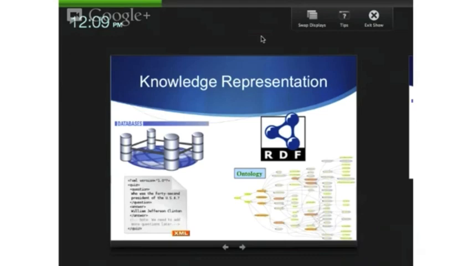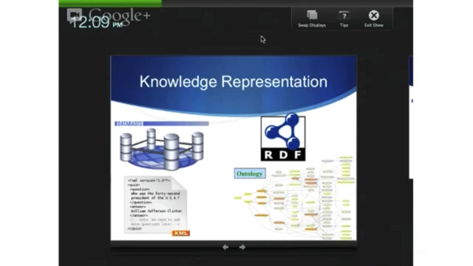Similarly, we use XML and other markup languages to represent our documents, which are more human readable. However, the tags provide some sort of meaning, but they're not a shared understanding of that content. It's just specific to a person.